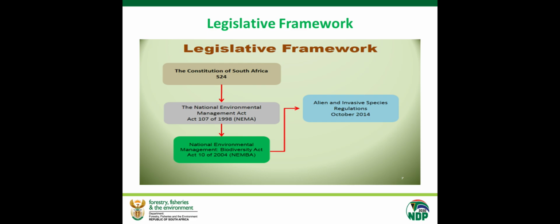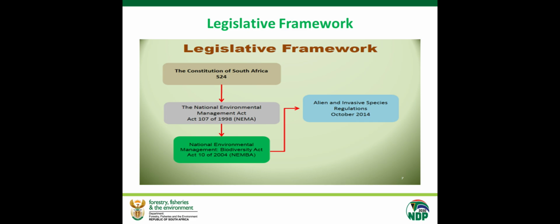So, why are we doing this enforcement? Where does it come from? It starts with the Constitution of South Africa, Section 24, which states that everyone has a right to an environment which is not harmful to their health and well-being, and to have the environment protected for the benefit of present and future generations. From the Constitution, we have the National Environmental Management Act, which has been formulated in order to give effect to Section 24.